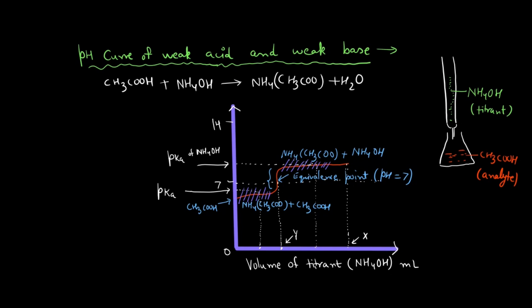So from this pKa we can find the pKb of ammonium hydroxide by subtracting this value from 14. And the point below gives us the pKa of acetic acid.